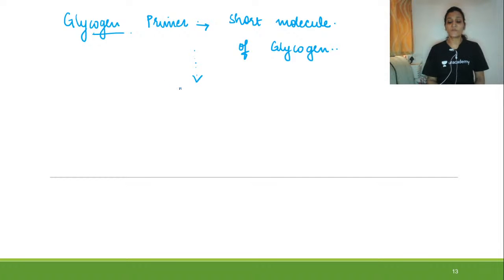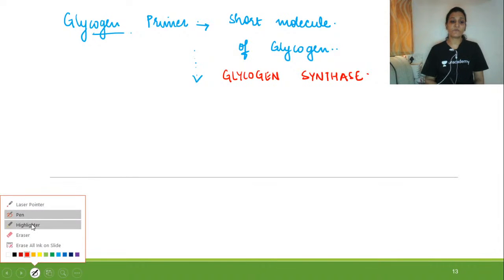UDP glucose will further get converted with the help of the enzyme glycogen synthase, which will act and form a chain of glucose with the help of glycogenin.